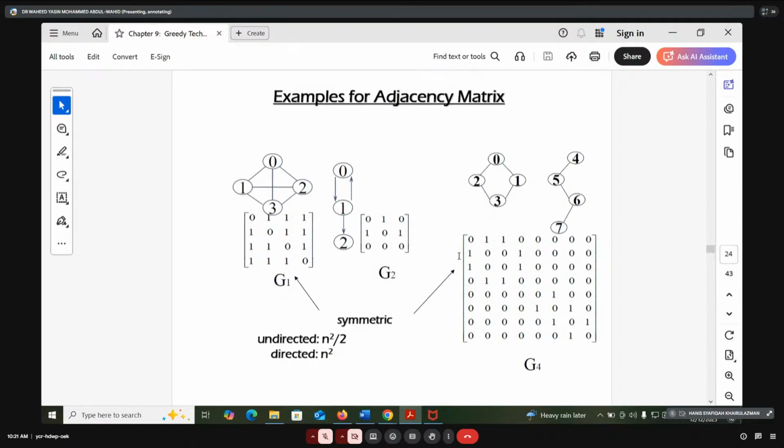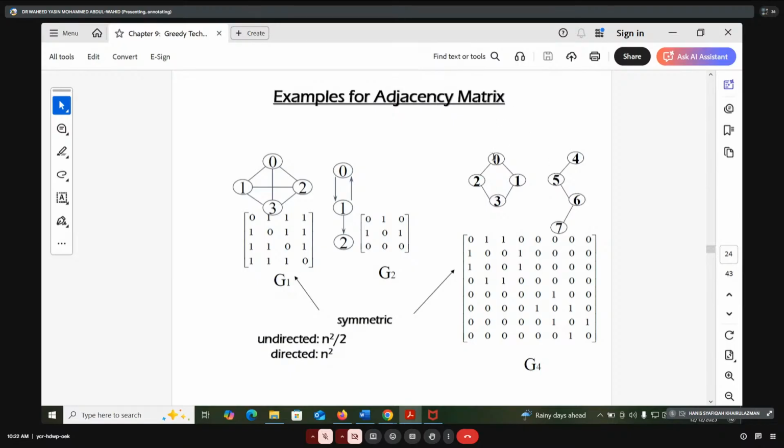Okay, now if I have this graph, Prim cannot solve a graph like this. It should be connected. This one is like having two parts of a tree. Prim cannot solve this graph, but Kruskal can.